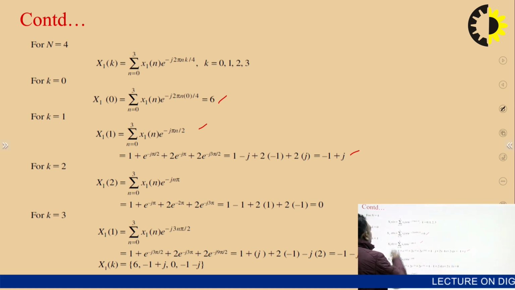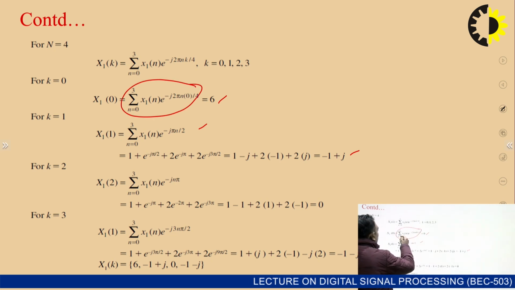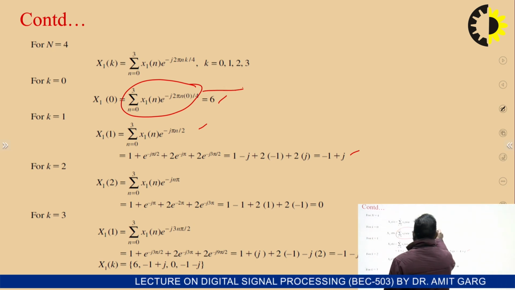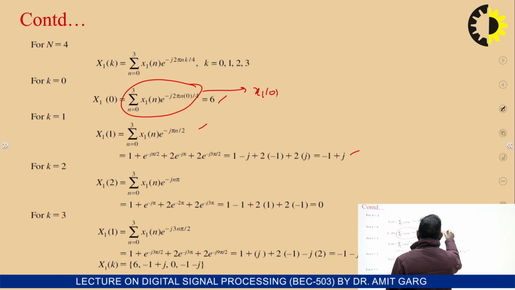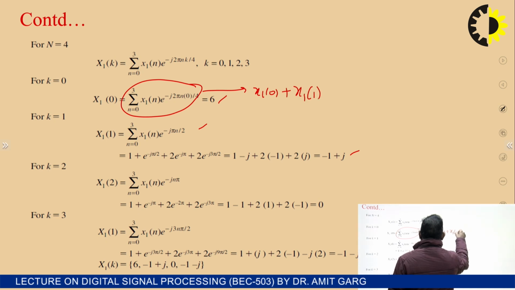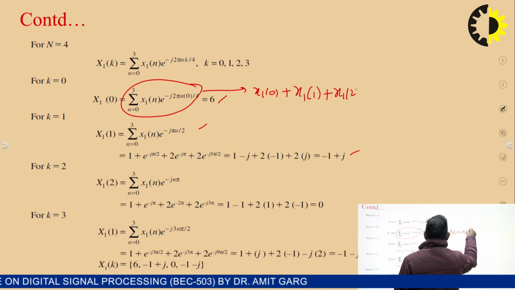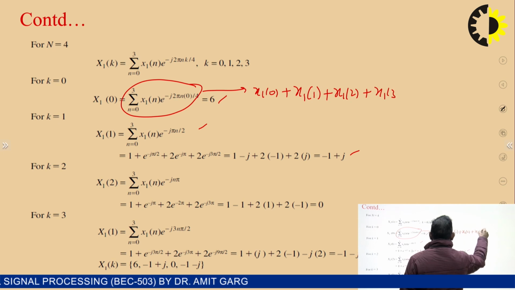You put k equals 0, so after putting k equals 0 you have this equation, and when you move n from 0 to 3, what value will you get? You will get x1(0) plus x1(1) plus x1(2) plus x1(3).